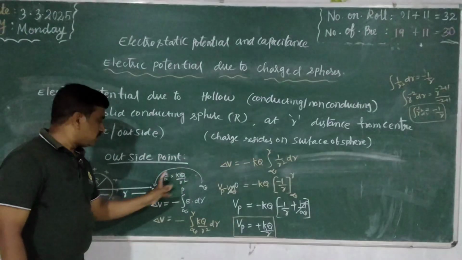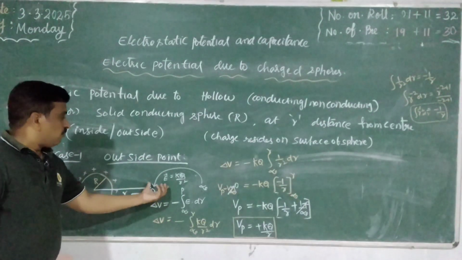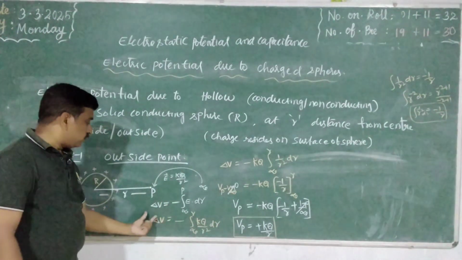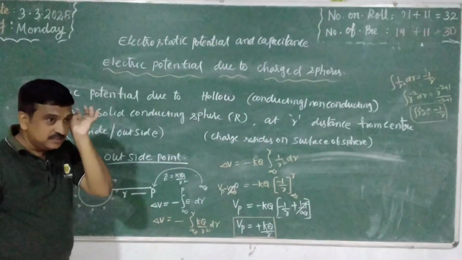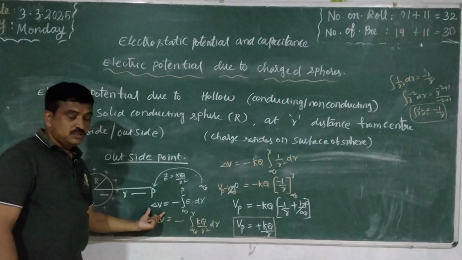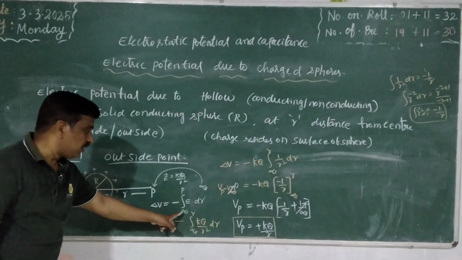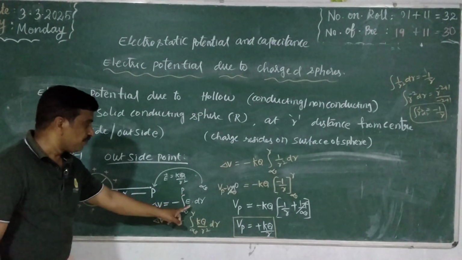Here to here the charge is moving, and some work is done. For that, we know the electric potential and electric field relation: delta V equal to integral E dot dr, for variable displacement. So delta V equal to minus integral from infinity to P of E dot dr.